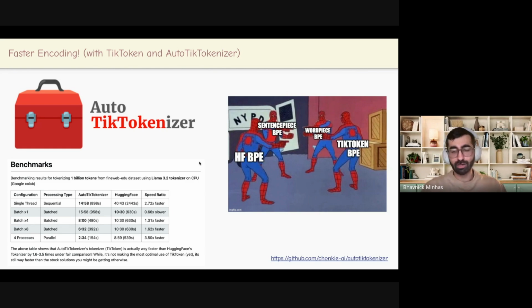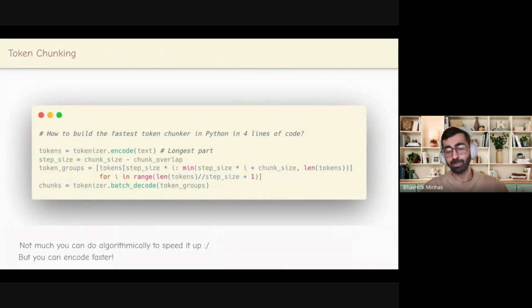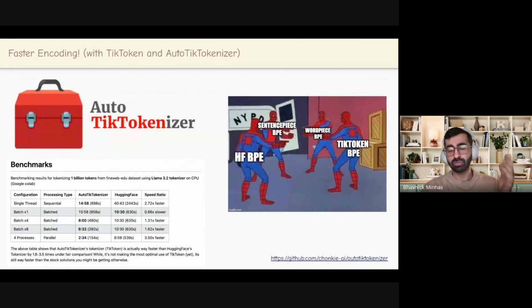And the algorithm was pretty similar. There's not much you can do wrong with 4 lines of code. So the speed difference should not have been there, but it was because they were using a wrong tokenizer. So yeah, AutoTick Tokenizer is an effort in that direction.